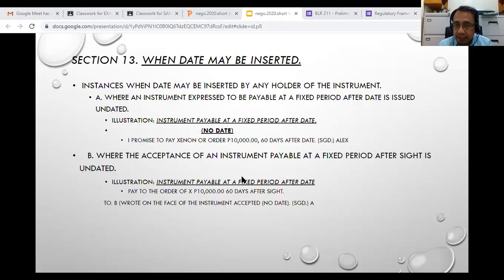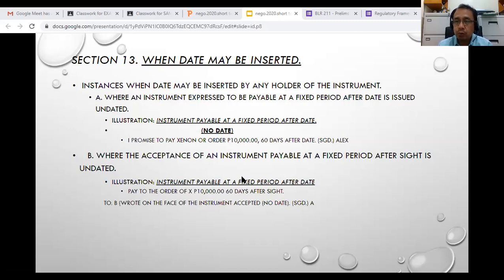And once accepted, it shall be dated on the date of the presentation. So, it does not matter really when he actually accepted it, because the acceptance is presumed to have been made on the date it was presented for acceptance. Huwag kang maglagay dyan ng September 3 or 4 or 10.